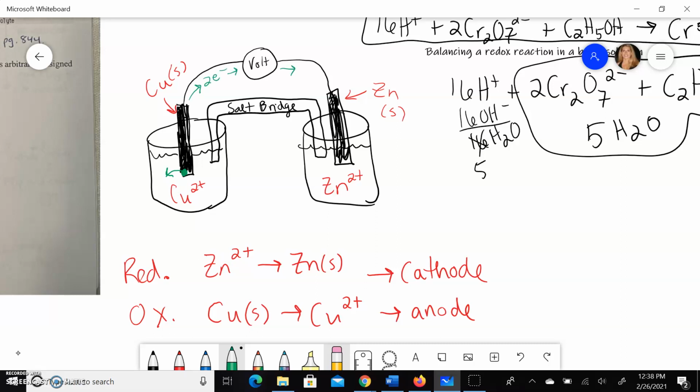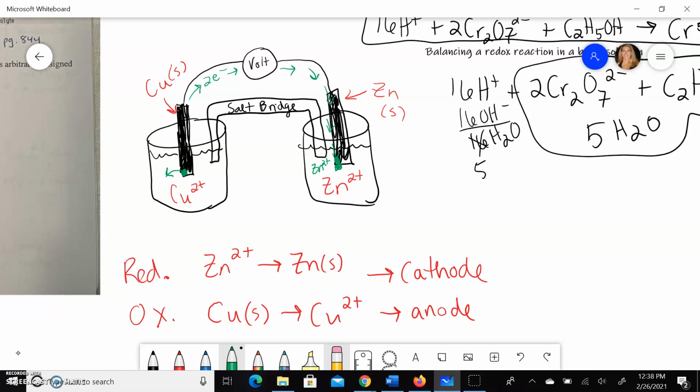And they go past the voltmeter so you can measure the voltage, and they're going to go all the way over here to the zinc electrode, and this zinc, all the way down to here. And then this little zinc 2+ that's floating around is going to grab onto those electrons and stick onto the end of that stick right here. So the copper electrode is actually getting smaller as the copper atoms break off and become copper 2+.